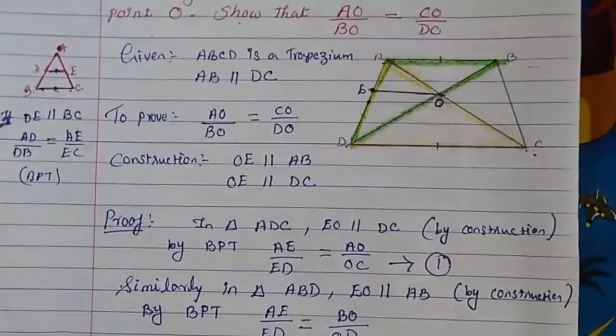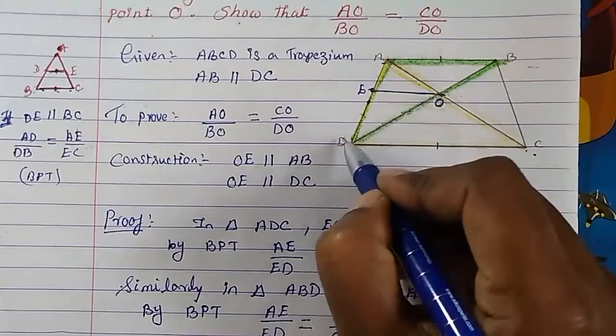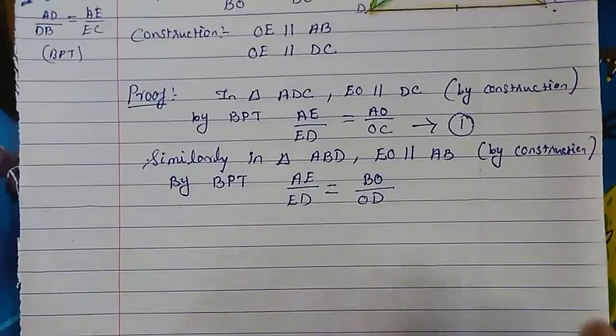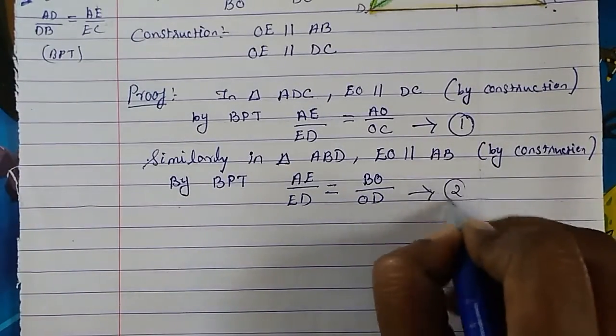We have taken this side and this side, and the ratio will be equal to the other side. Let's consider this as equation 2.